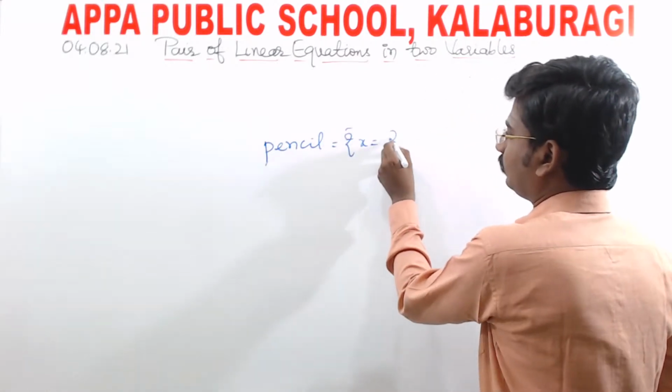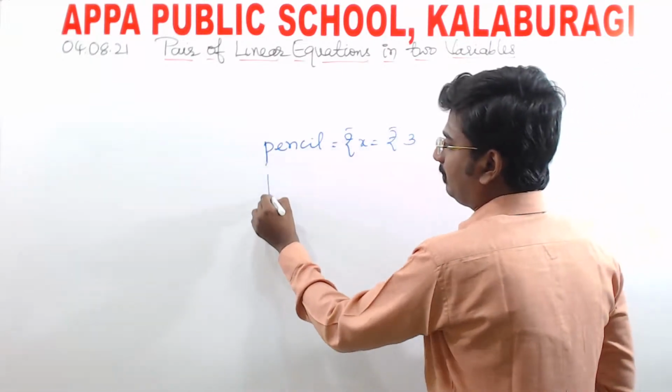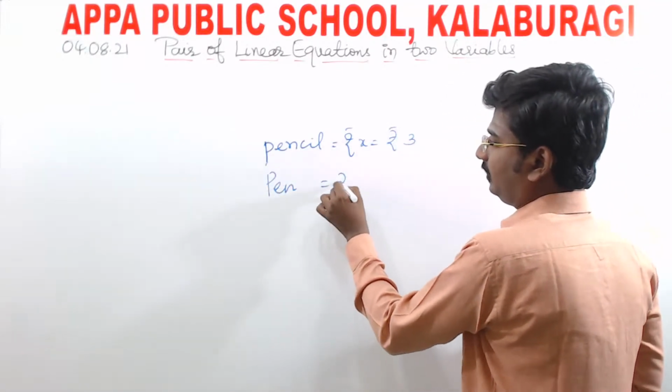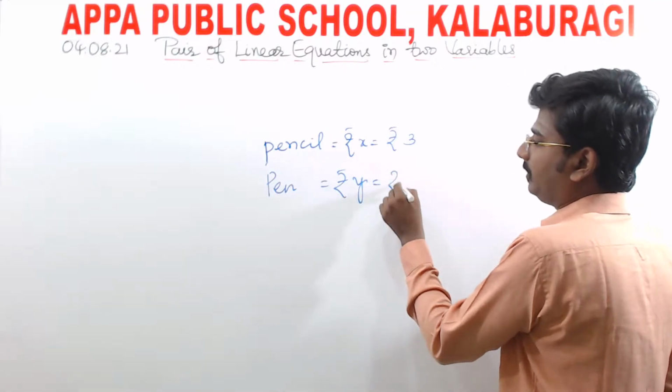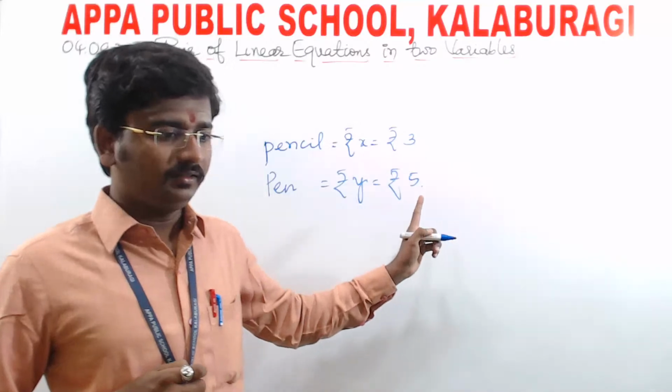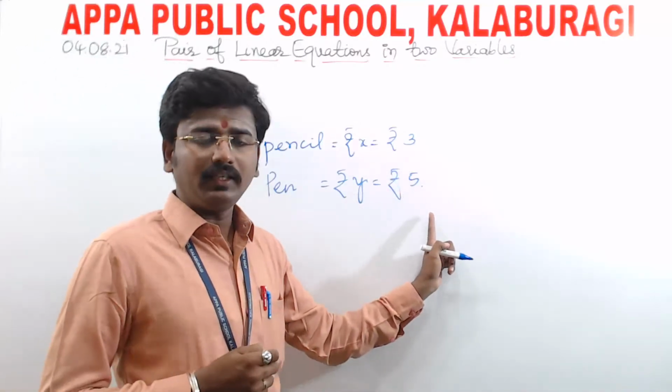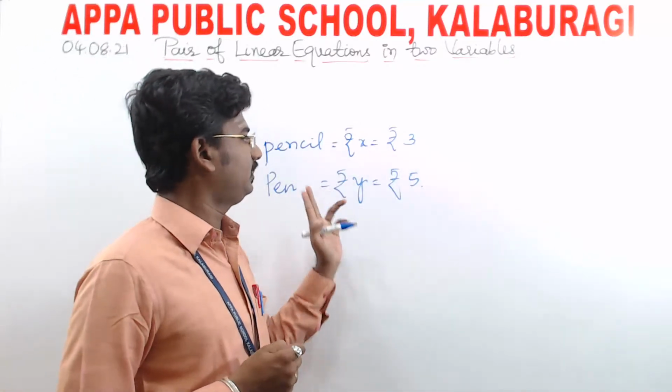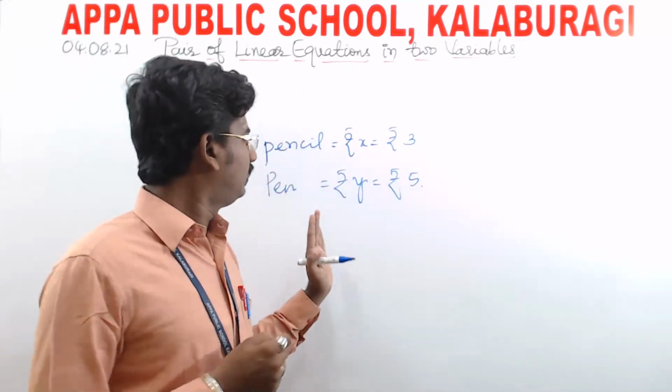So this is rupees 3. Then pen we have taken as rupees y, so it might be rupees 5. I hope everyone has got this answer. Is it correct? Rupees 3 for pencil and rupees 5 for pen.